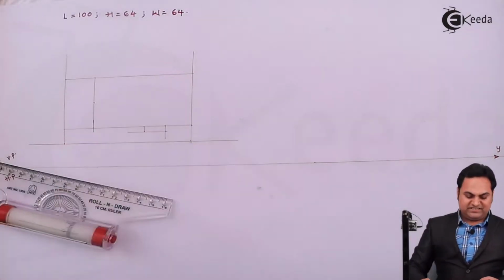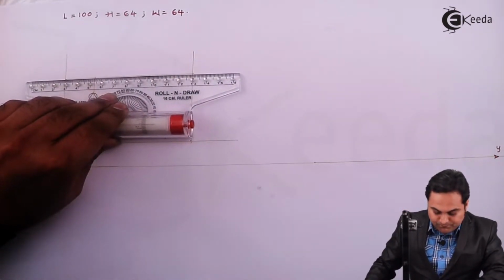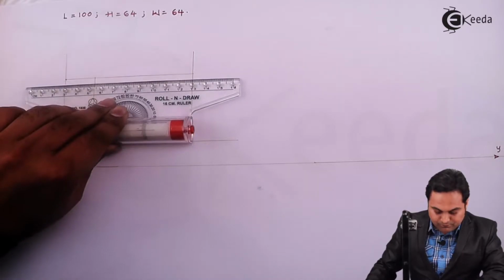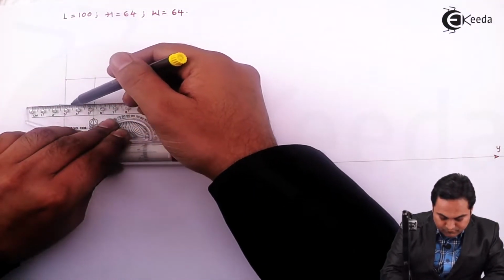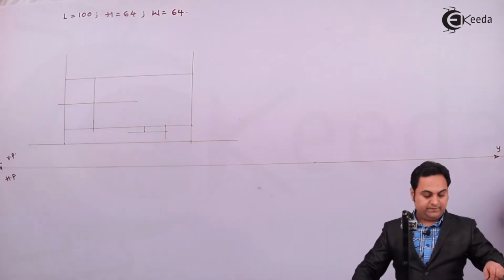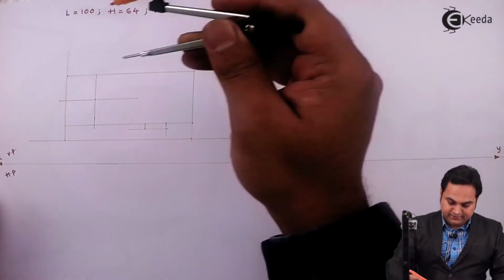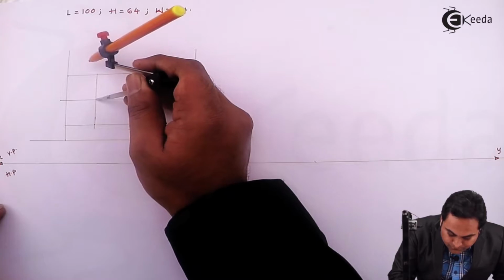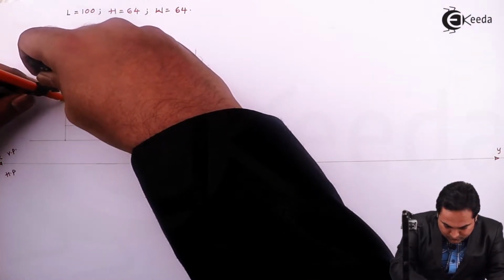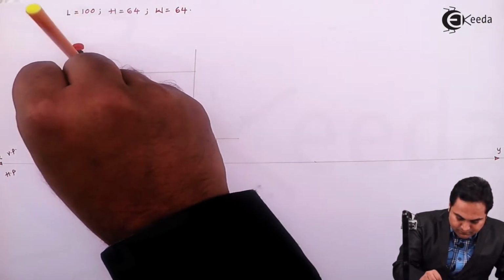Now from this center, I am going to draw a light horizontal line. Next, with the help of a light arc, I am going to draw the semicircular part, keeping this as the radius.